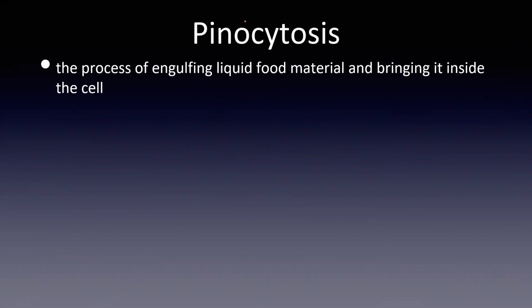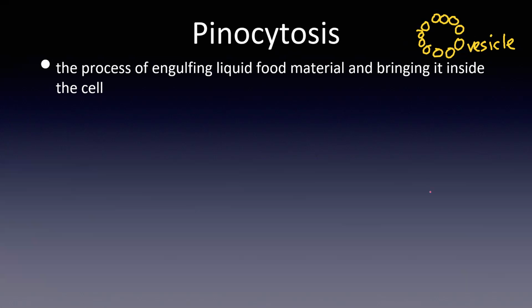One thing I wanted to mention is that infolding that we talked about, that surrounds the particle that's supposed to come inside the cell. The part of the cell membrane that makes that infolding is called a vesicle.